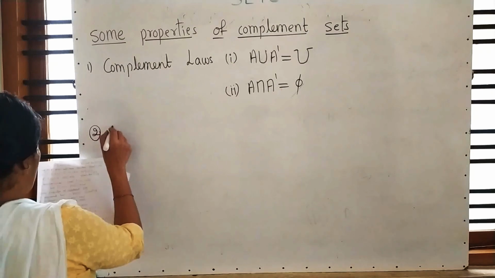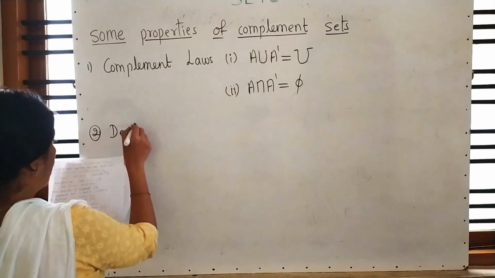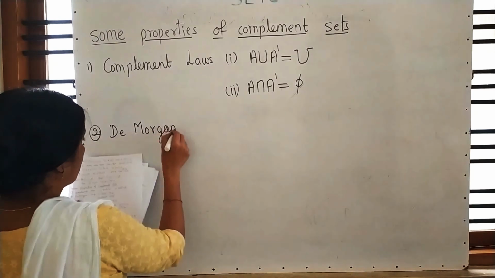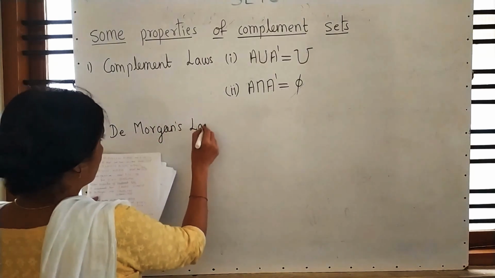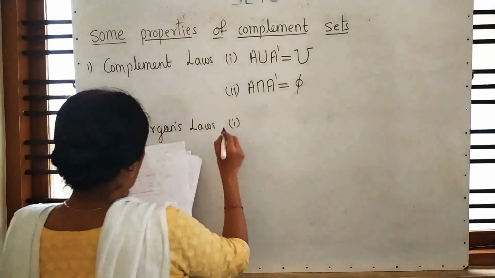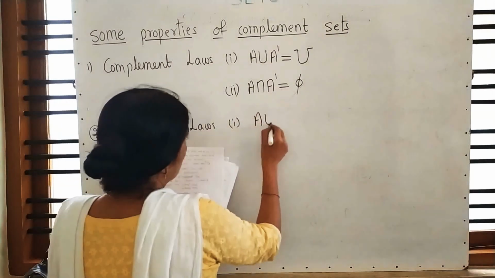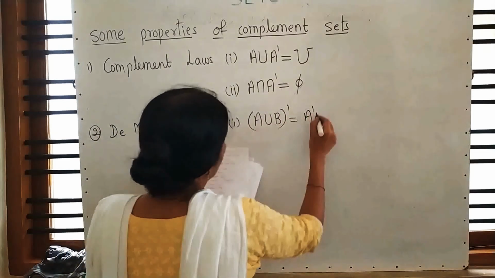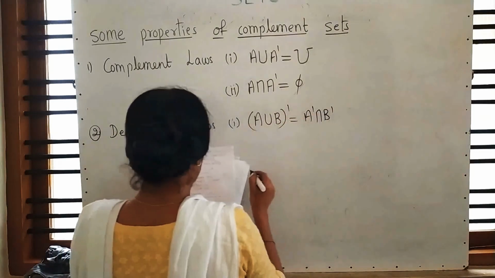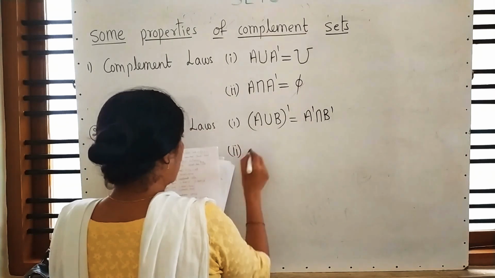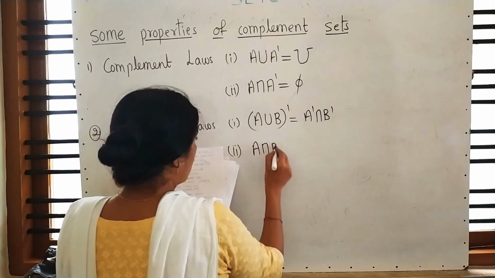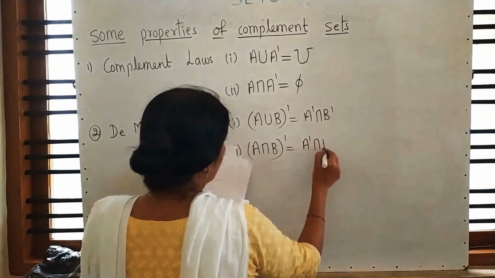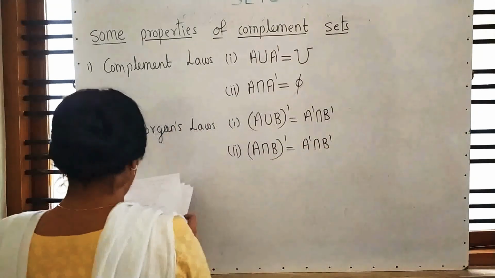Second, but very important, De Morgan's laws. A union B whole complement is A complement intersection B complement. Second one, A intersection B whole complement is A complement union B complement.